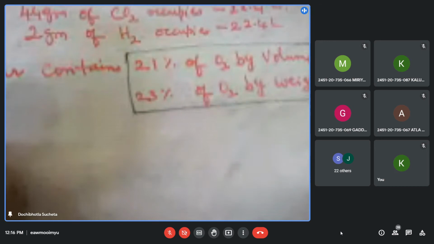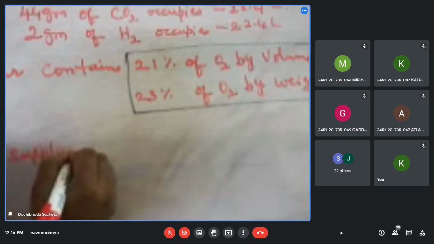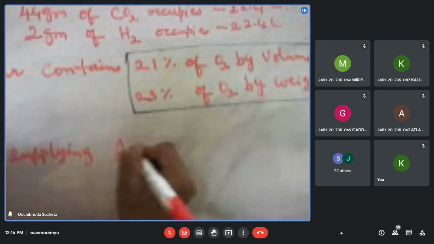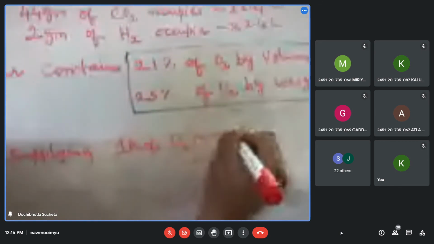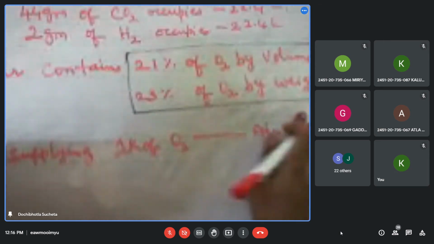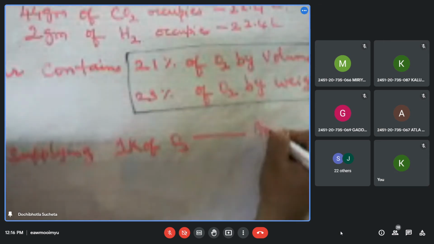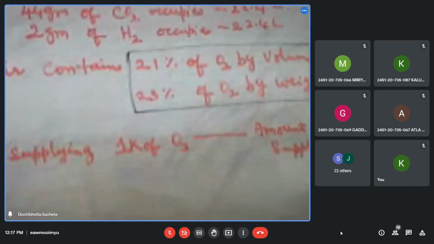Okay. So for supplying 1 kg of O2, how much amount of air has to be supplied? Amount of air to be supplied is equal to how much?